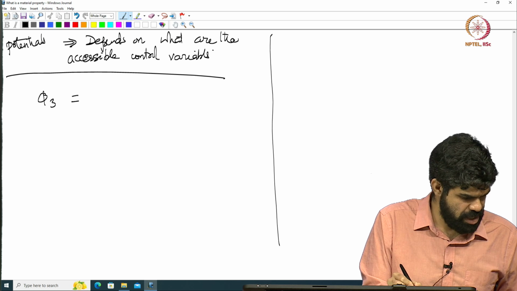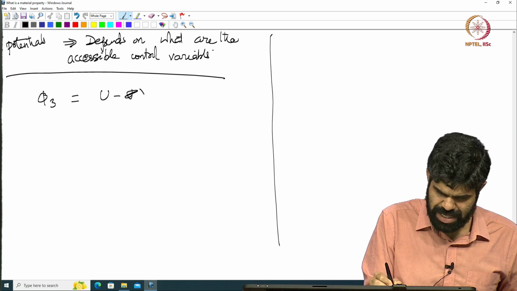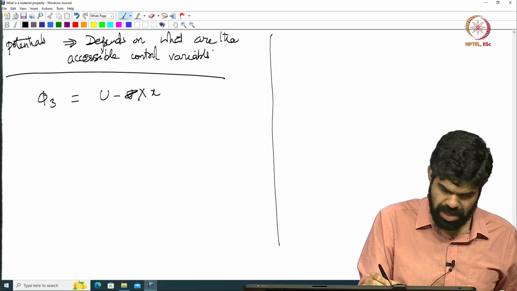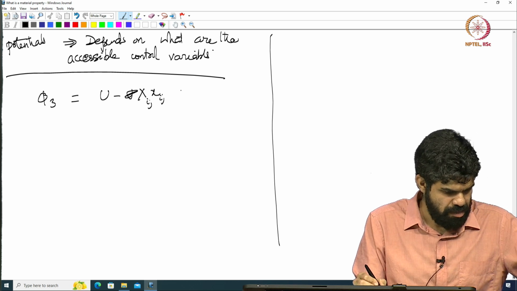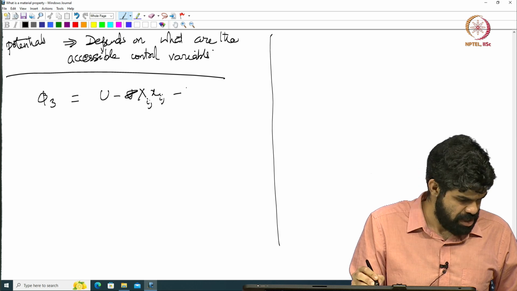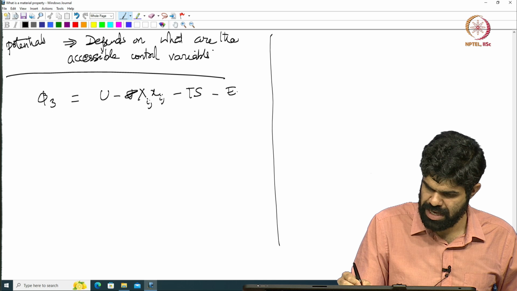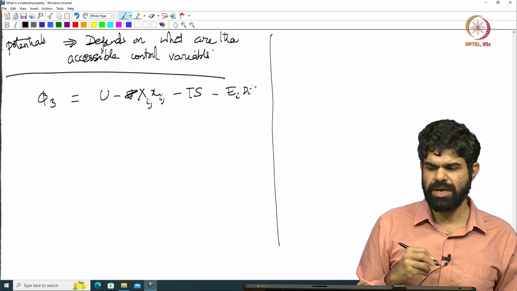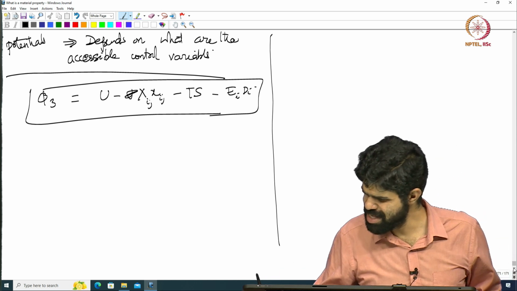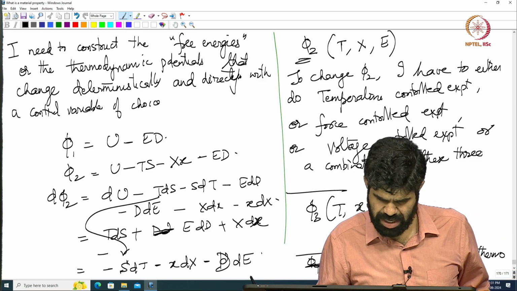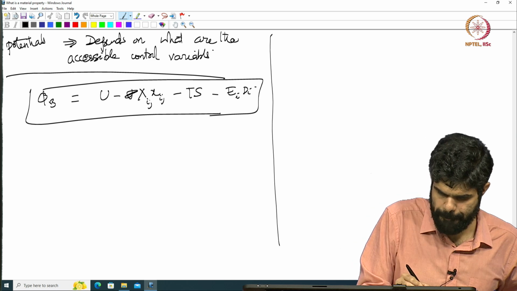So, phi 3 equal to u minus sigma minus x, these both are tensors x_ij, minus Ts, right, minus E_i d_i. Okay. So, that is my thermodynamic potential that I have taken. I think this is phi 3 or phi 2. I think I defined this as phi 2, right. So, let us go back to phi 2.